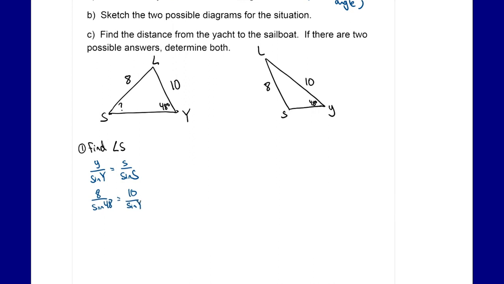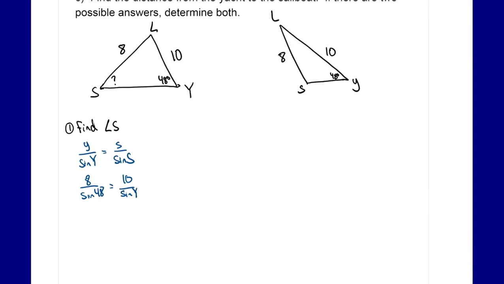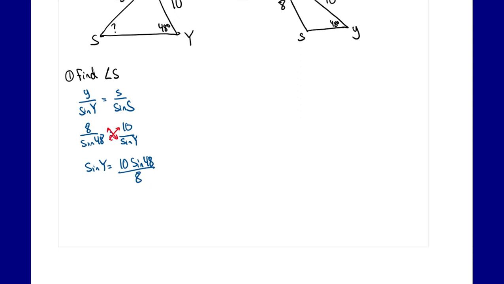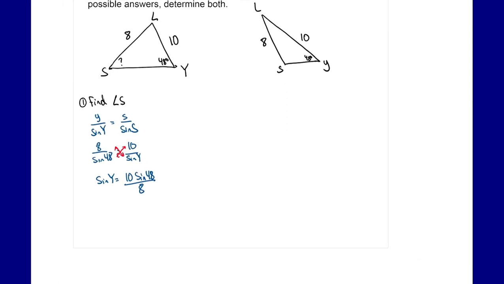Similar steps to the previous examples. First, we're going to cross multiply and rearrange for sine S. So sine S is going to equal 10 times sine 48 divided by 8. Rearrange and do the inverse of sine.